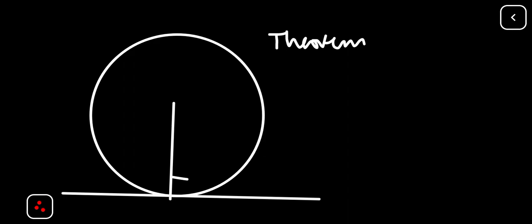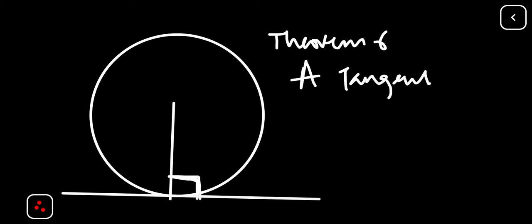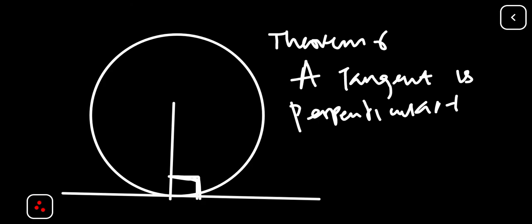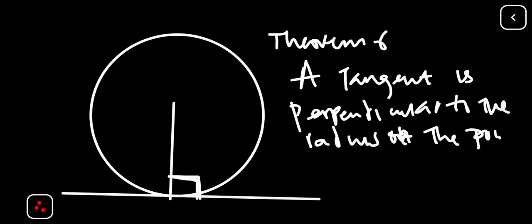Meaning that here will be 90 degrees. So theorem 6 says that a tangent is perpendicular to the radius at the point of contact.